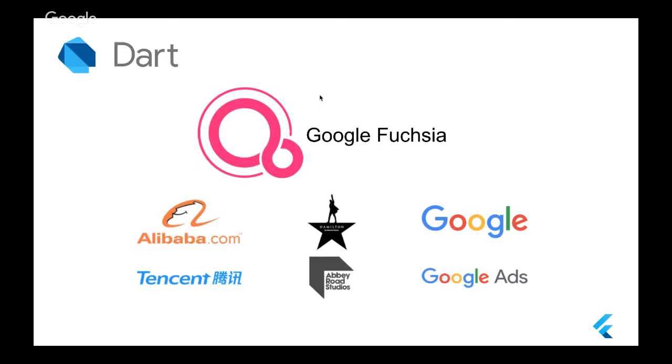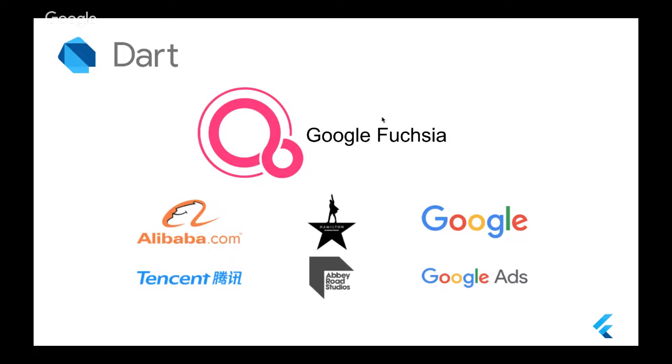And also, there is a new operating system that Google may introduce in one or two years. We don't know a specific date for that. The UI layer of this operating system is called Google Fuchsia. Google Fuchsia uses Dart to build the UI layer, the user interface layer.